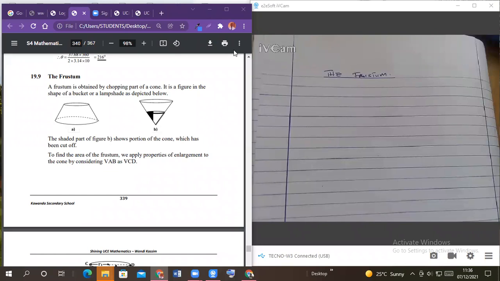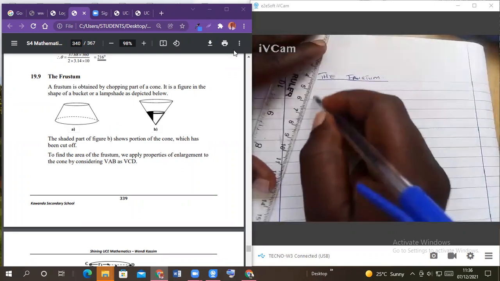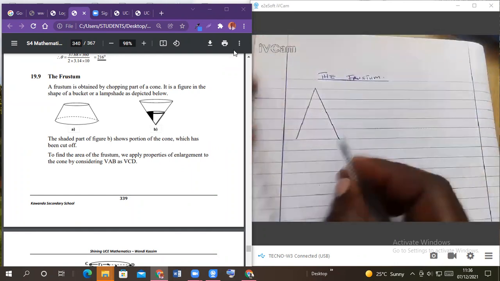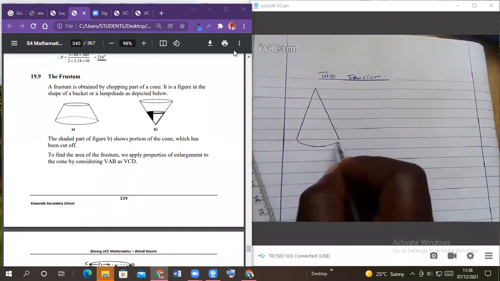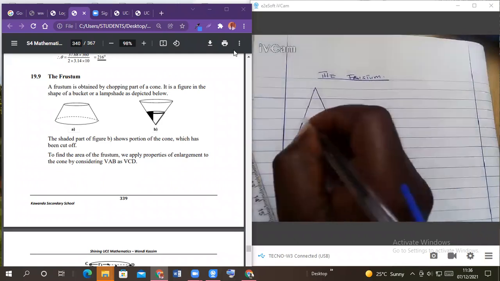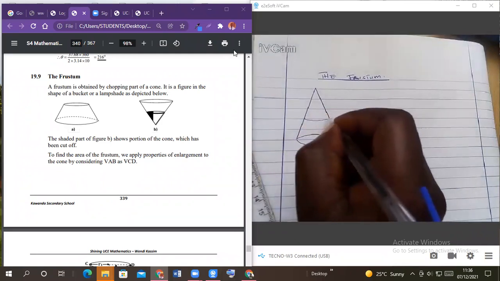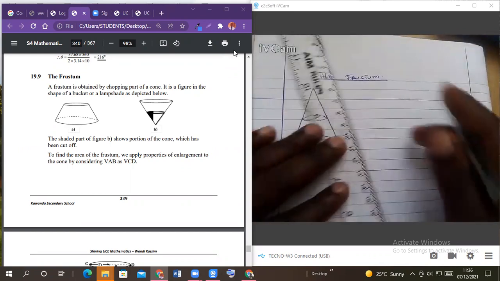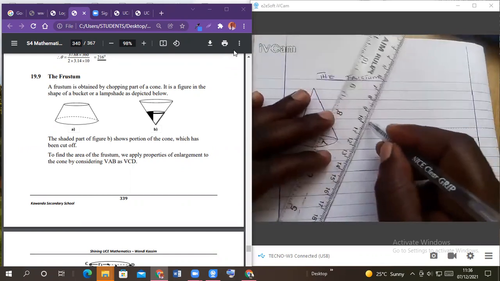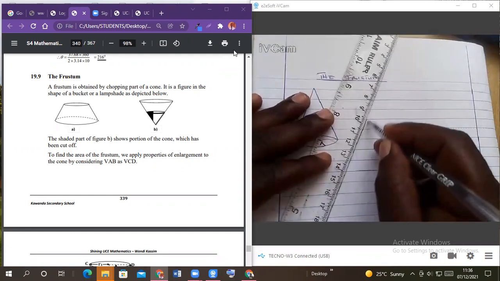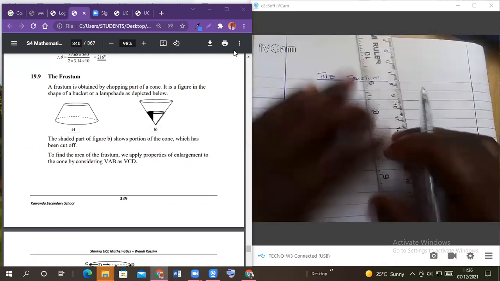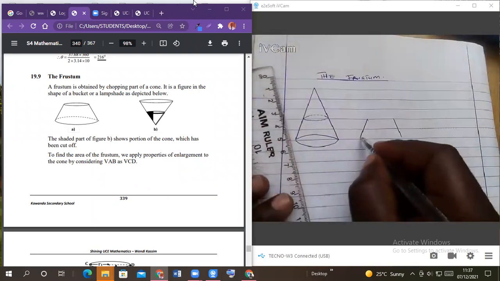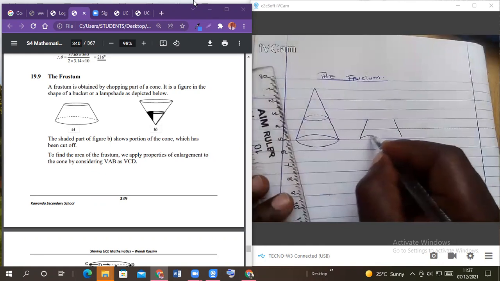So you have your full cone like this, and then this full cone is cut into 2 parts. So by cutting it here, it forms 2 parts. It can form one part like this.